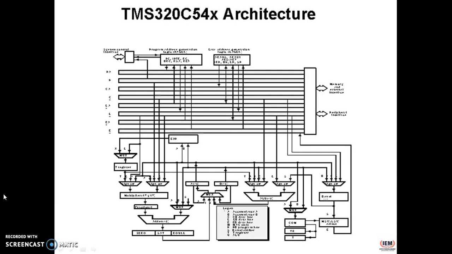They interconnect various elements such as the CPU, data address generation logic, program address generation logic, on-chip peripherals and data memory. 4 address buses are present, known as PAB, CAB, DAB and EAB.